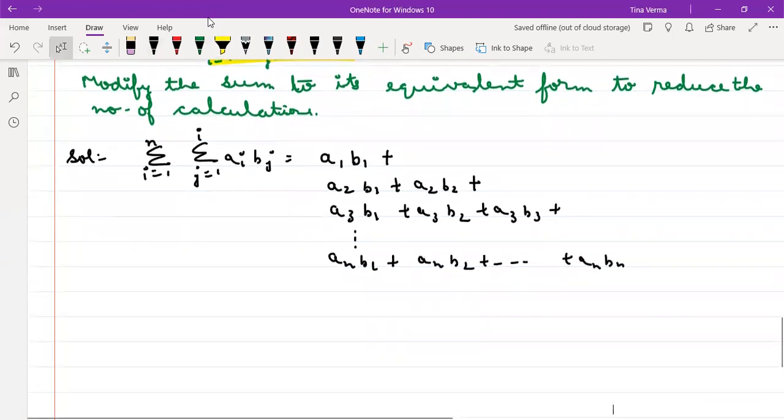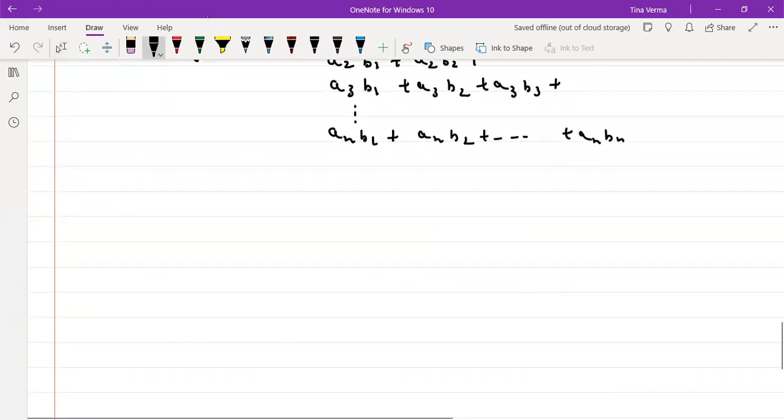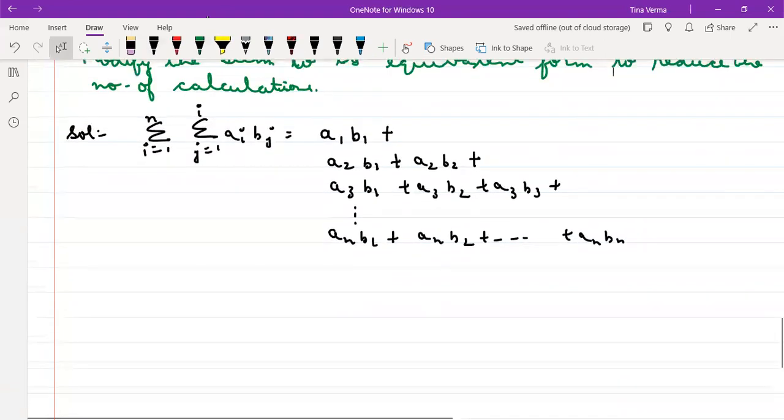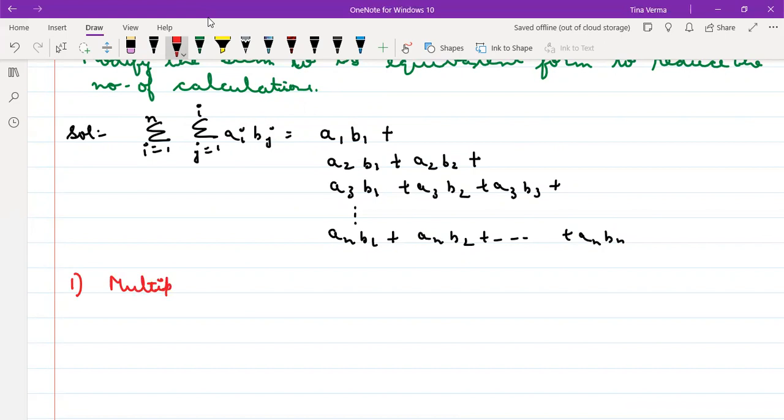Now we will count the number of additions and multiplications in this case. So we are counting firstly the multiplications. You can notice in the first step, the multiplication is one time, because a1 is multiplied with b1.